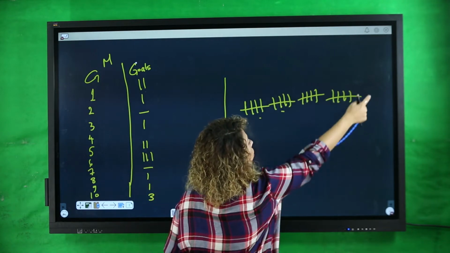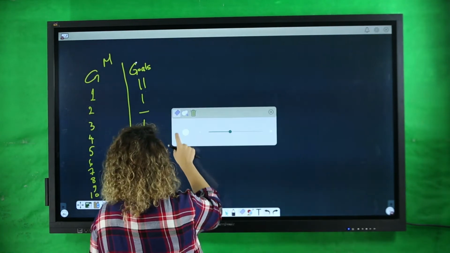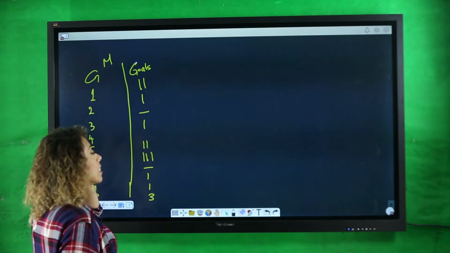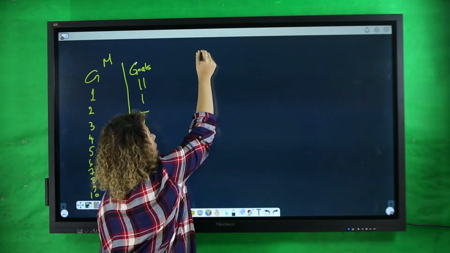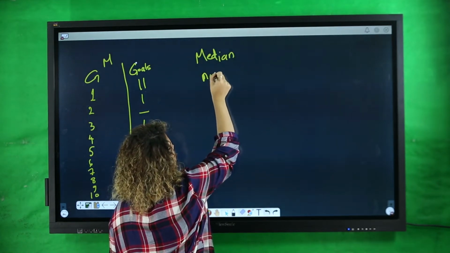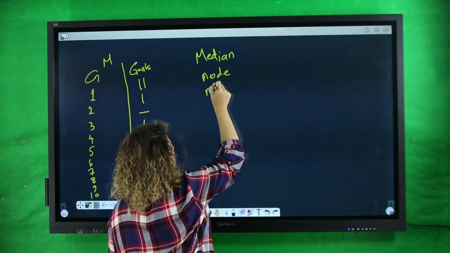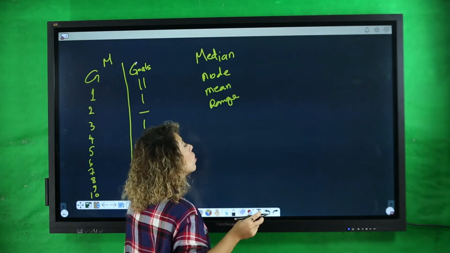So returning back to our example. That's what Messi scored. Okay? What did we want to get? We want to get the median, the mode, the mean, and the range. So let's recall, what are they again?